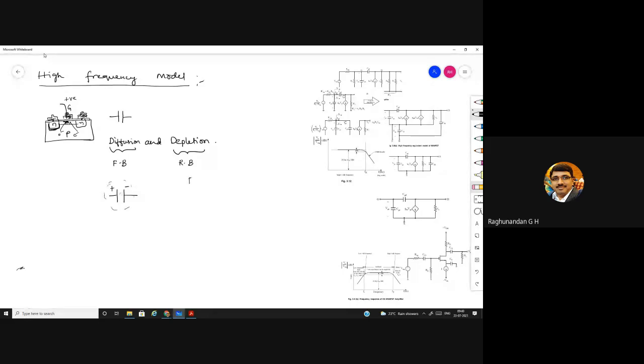When we compare these capacitors with PN junction, we can see that this P layer is going to resemble the positive plate, and N layer is going to resemble the negative plate, and this junction is going to resemble the dielectric medium. So from this, we tell that the diode is going to exhibit the capacitive behavior.